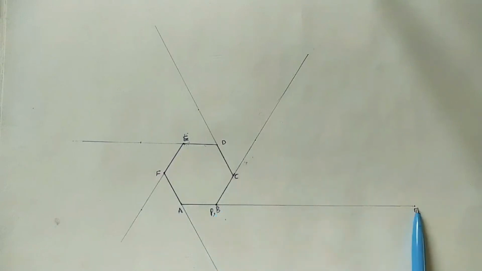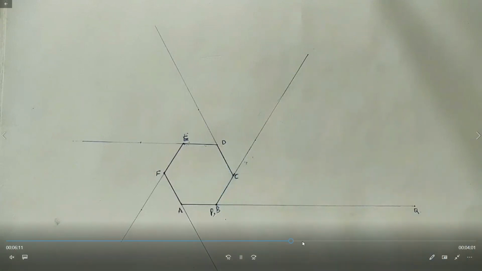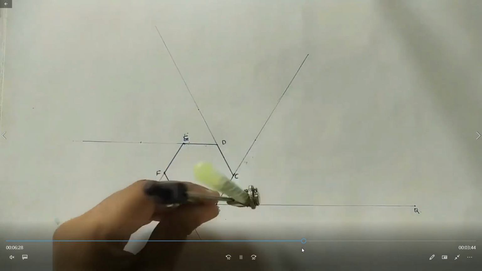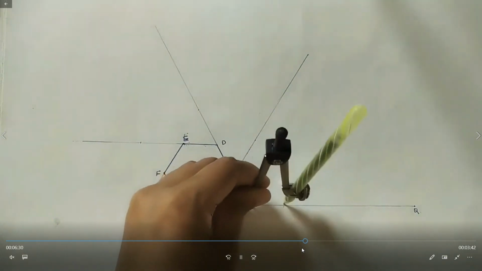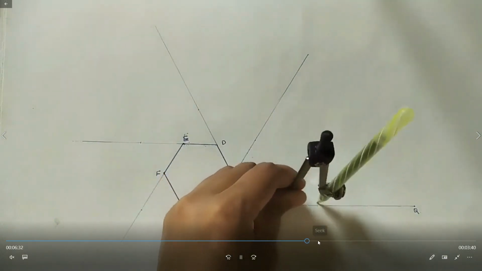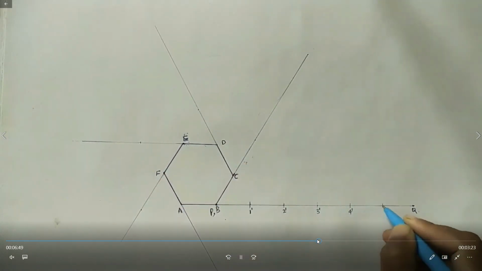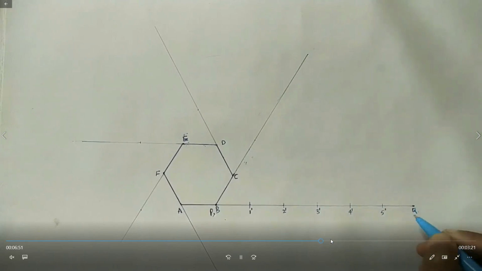So we take with the help of the compass A to B is the 25 distance. Here we divide that horizontal line: 25, 25, 25. In this way, 6 equal parts, 1 dash, 2 dash, 3 dash, 4 dash, 5 dash, 6 dash.